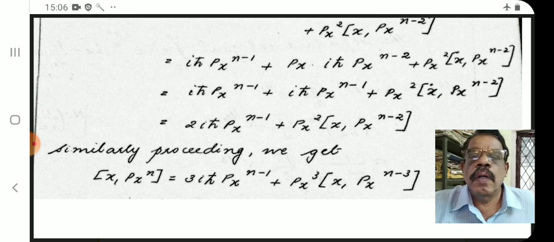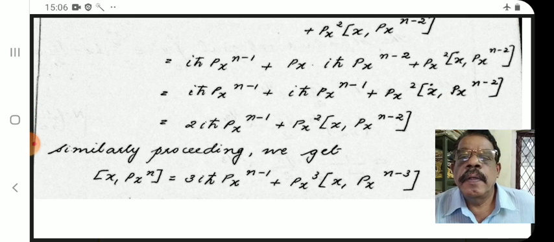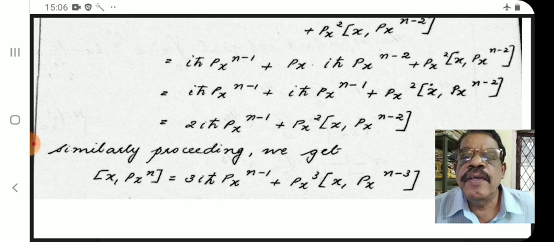Now, since iħ in the second term is a constant, we can take it in front. So the first term we write as above. The second term, we take iħ in front, we get p^(n-1), because p into p^(n-2) is p^(n-1).